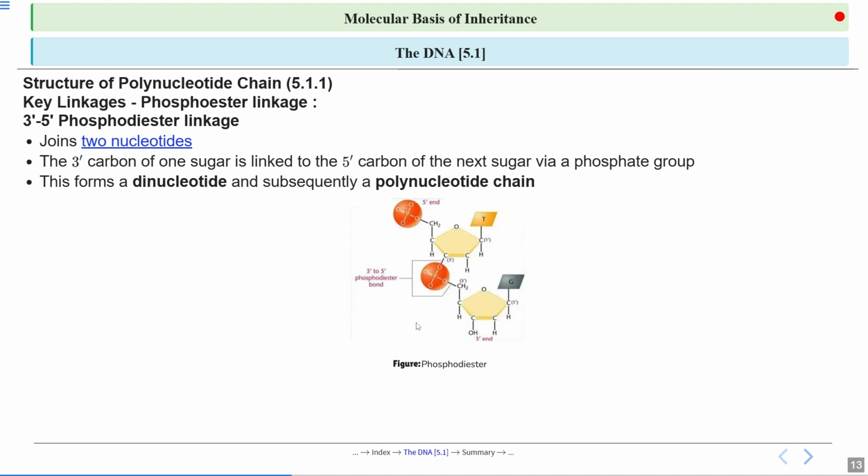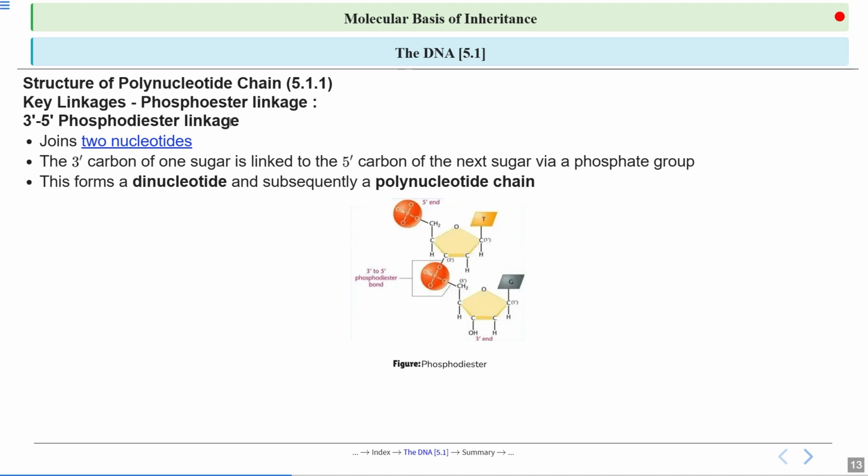And this whole linkage we call the 5' to 3' to 5' phosphodiester bond. So like this, 2 nucleotides, 3, 4, 5, 6, and then a very large number of nucleotides bind together and form a polynucleotide chain.